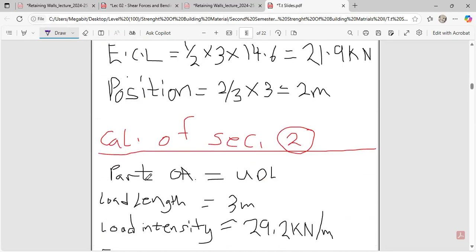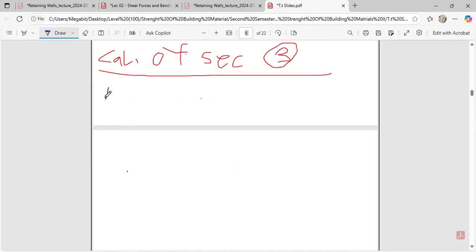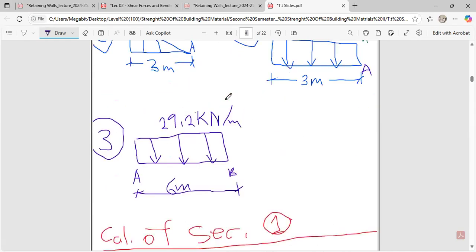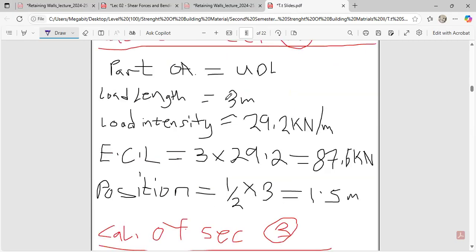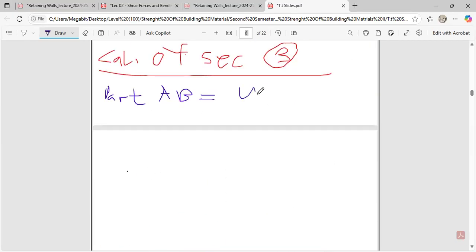Thank you very much. So part AB, what is part AB? It's a UDL. Part AB is a UDL.